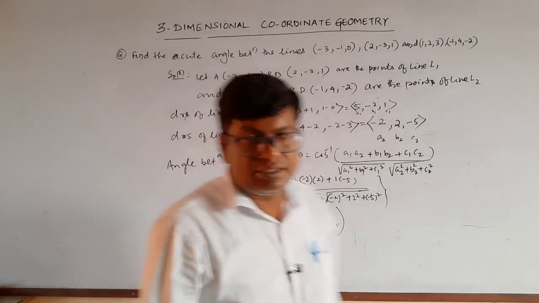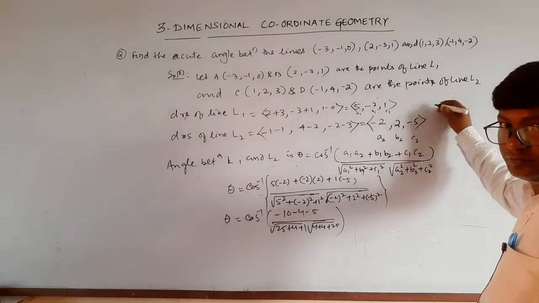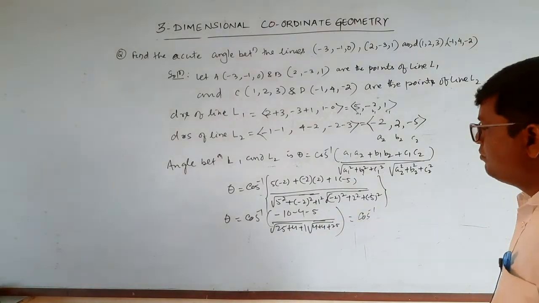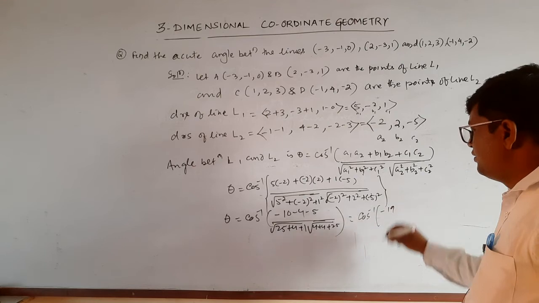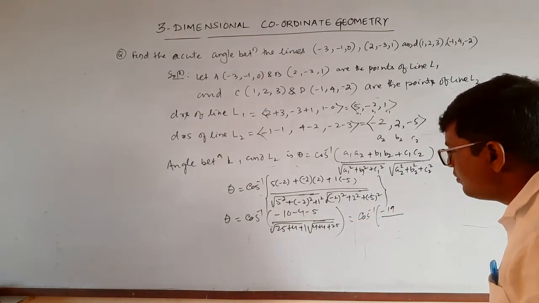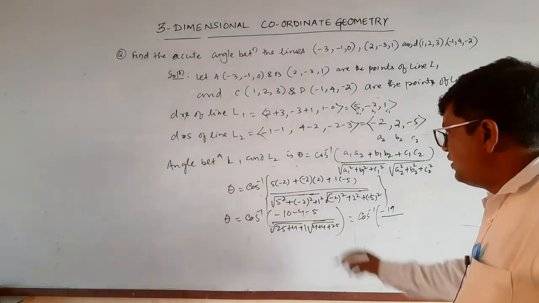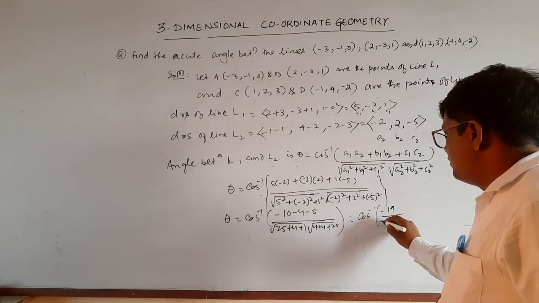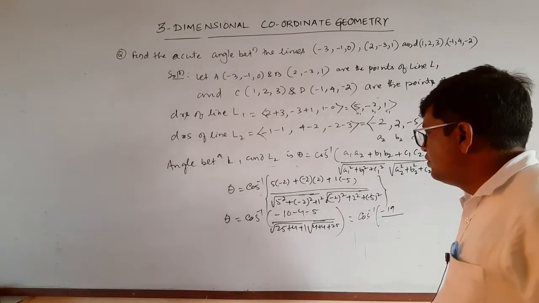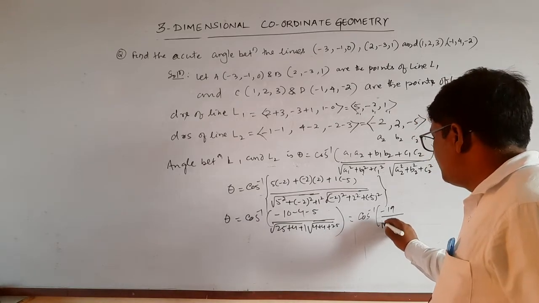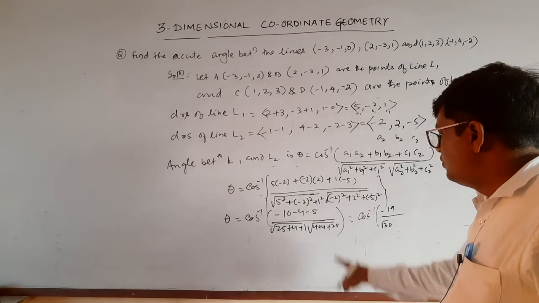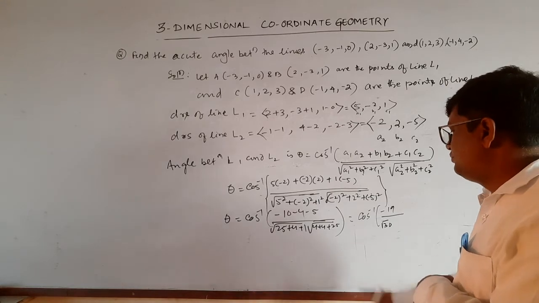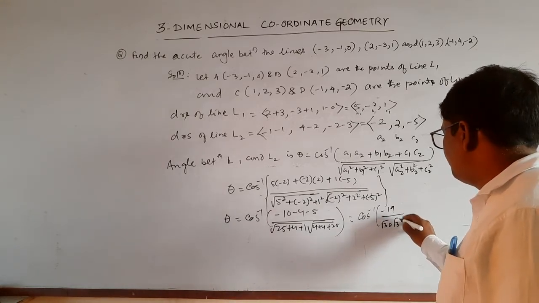Now theta is equal to cos inverse of minus 19 divided by root over, this is 25, this is 4, this is 1, that is 30, and 4, 4, 25, that is 33. So root 30 into root 33.